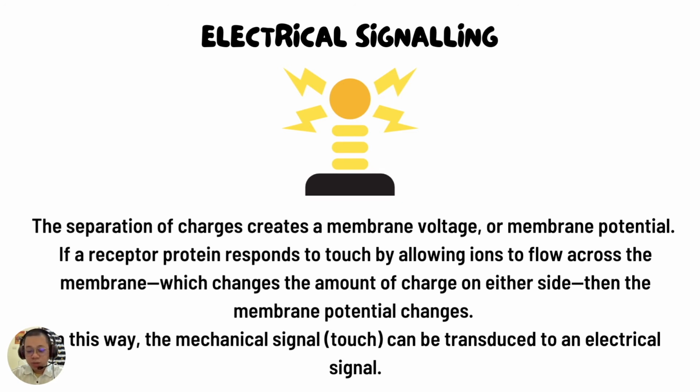In this way, the mechanical signal, the external stimulus, is transduced to an electrical signal. That's why the Venus flytrap responds.